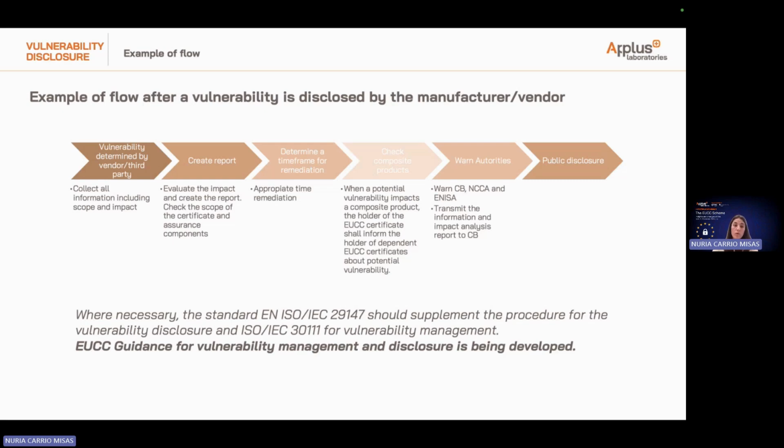You need to create a report and evaluate the impact, and here we recommend using the common tools to evaluate the impact of vulnerabilities, such as the attack potential, and check the scope of the certificate and the assurance components to be sure that this vulnerability is inside the scope of these assurance components. You need to set a time frame for the remediation, check the composite products, as we said, warn the authorities, and then make the public disclosure of this vulnerability.